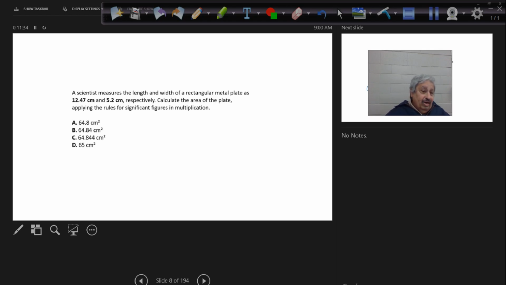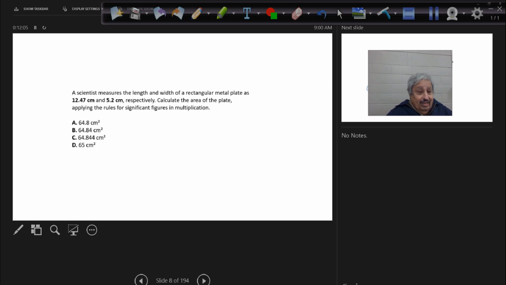Now, the length is 12.47 centimeters. That's 4 sig figs, correct? However, the width, I think, is 5.2, 2 sig figs. And if you do multiplication or division, then the least sig figs will be the controlling factor in the answer. So, what will be the answer?